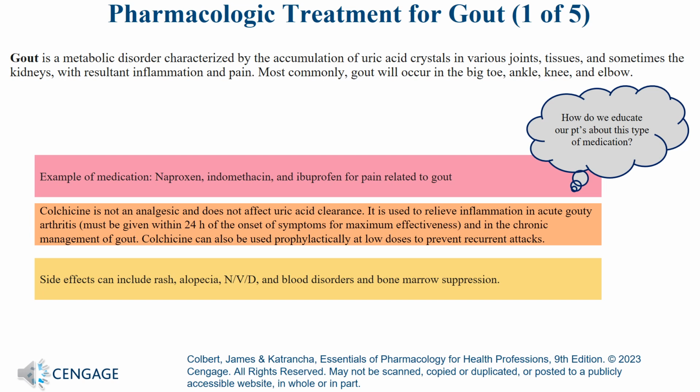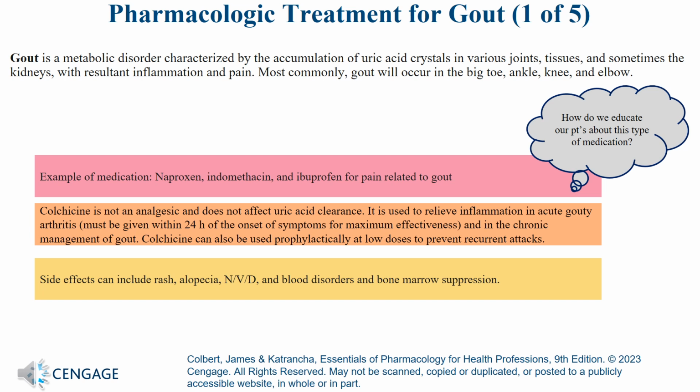Colchicine is not an analgesic and does not affect uric acid clearance. It is used to relieve inflammation in acute gouty arthritis. It must be given within 24 hours of the onset of symptoms for maximum effectiveness, and in the chronic management of gout, colchicine can also be used prophylactically at low doses to prevent recurrent attacks.